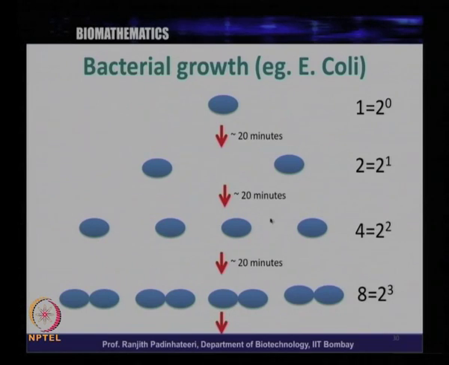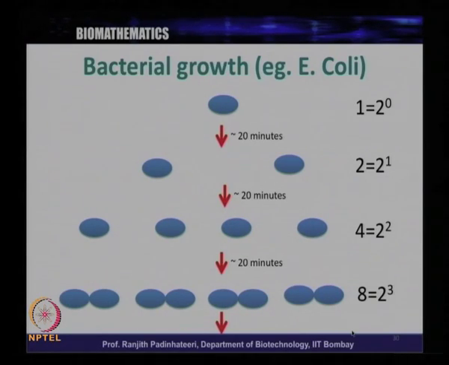So, in each 20 minutes, each of them is dividing by a factor of 2. So, 2 power something gives you the number of cells after a time. In 60 minutes you have 8 cells. Let us write it down here.